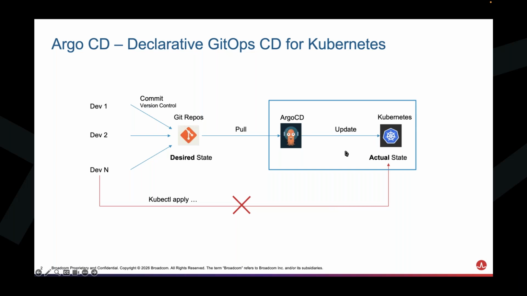It's continuously monitoring the Git repo and comparing that with the actual Kubernetes deployment to see if there are differences. And if there are differences, then it updates the Kubernetes cluster.